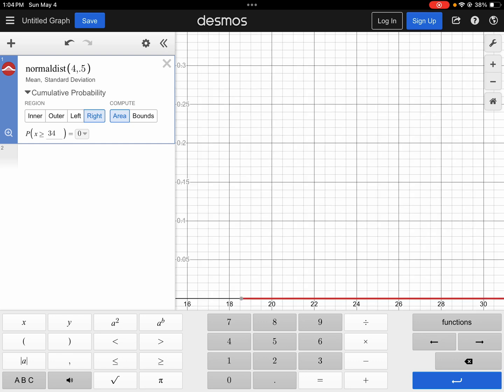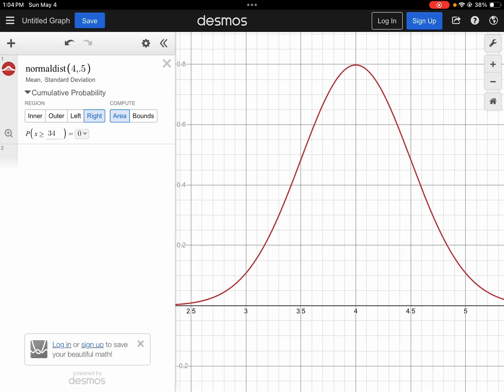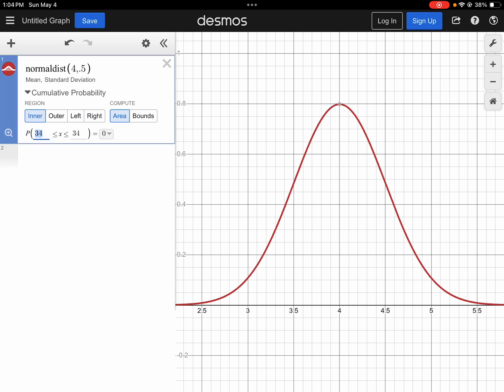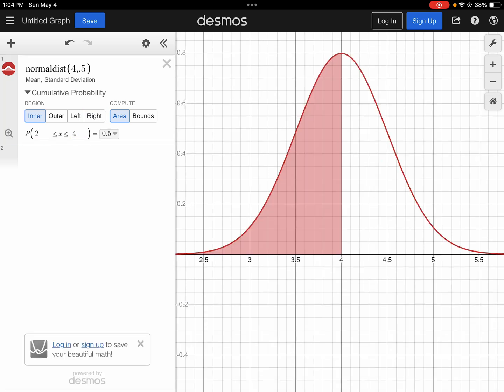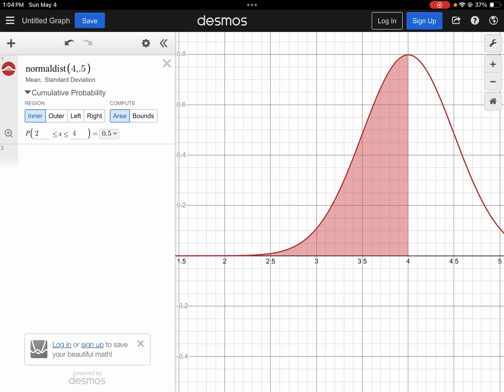I'm going to zoom in as well so you can see that the curve has been adjusted accordingly, and we want in between. So we're going to do inner, between 2 and 4. You can see 2 is all the way over here. There's not a whole lot, but 2 to 4.